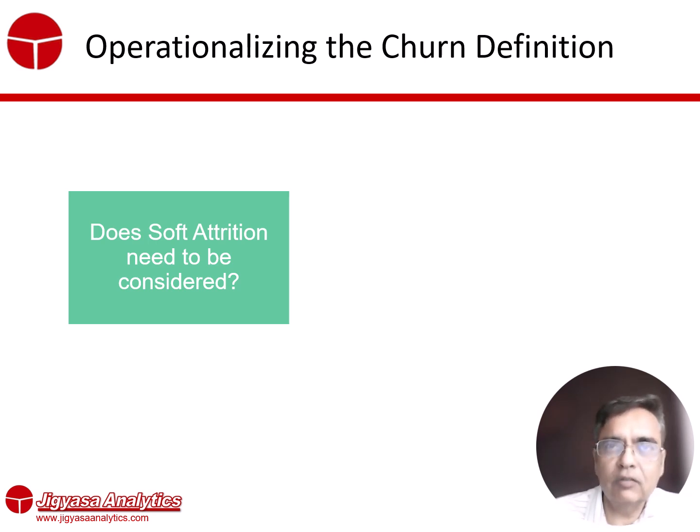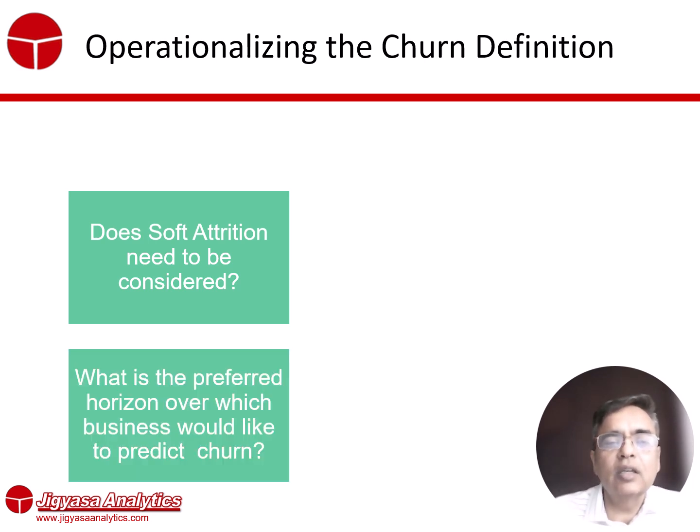Can we effectively measure soft attrition, given the data and the infrastructure? And if it cannot be done, then that might be a phase two of your project. But as a first phase, you just focus on hard attrition.